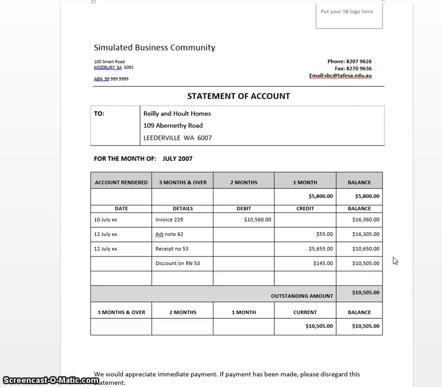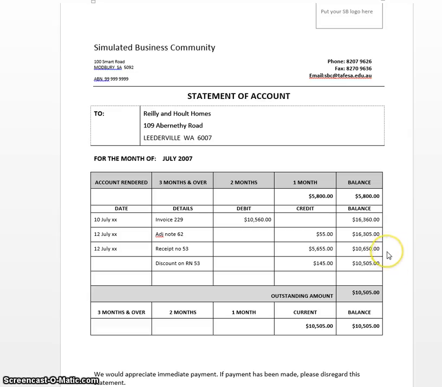This is receipted and recorded on the statement in two separate transactions. Firstly, the receipt is issued for $5,655 because this is the actual amount of money we received from our customer. We then need to record the amount of the discount separately because the customer no longer owes us $5,800 because we provided them with a discount of $145.